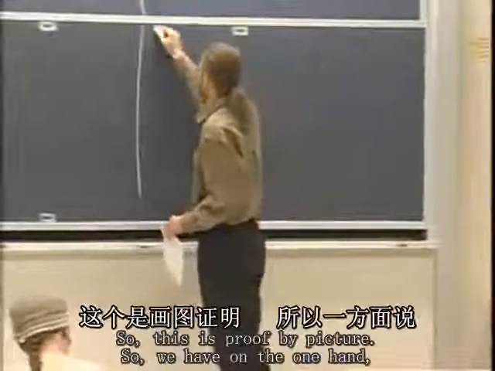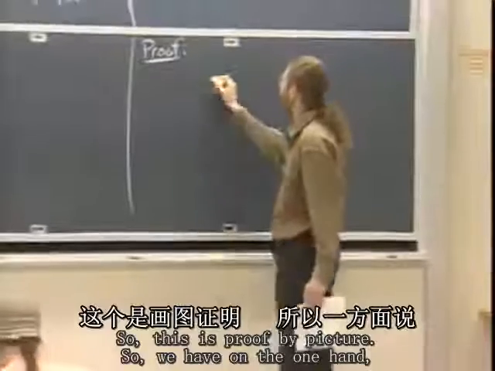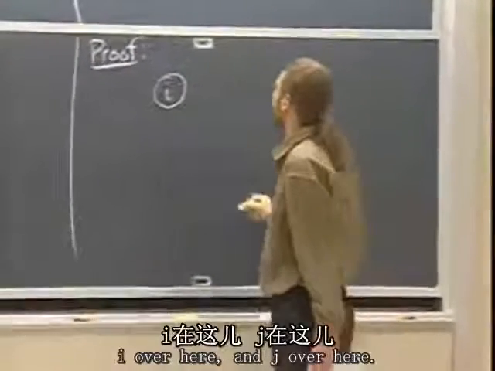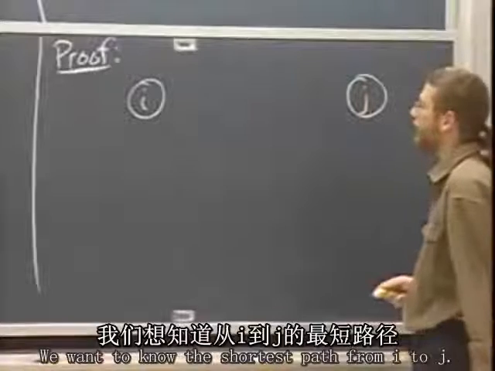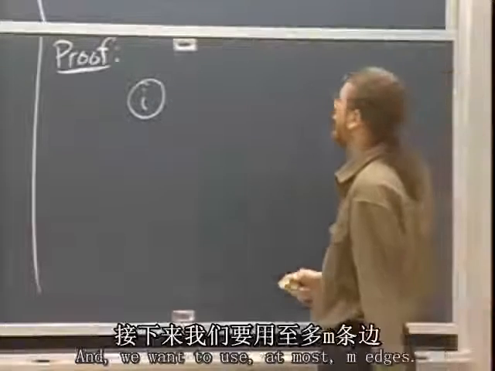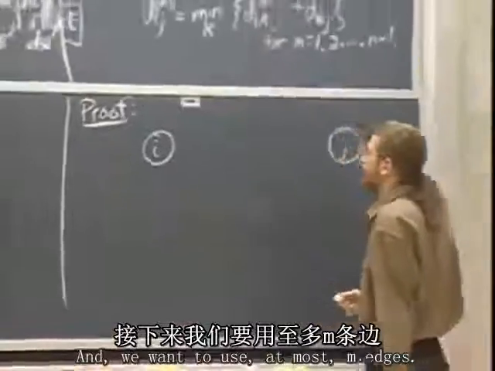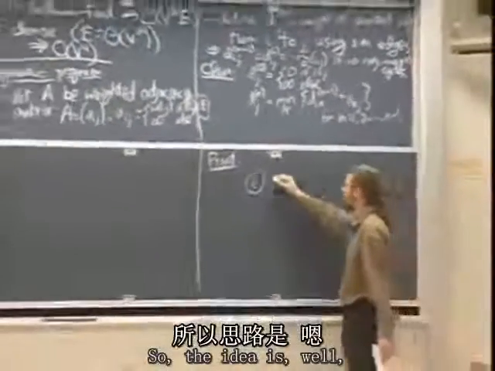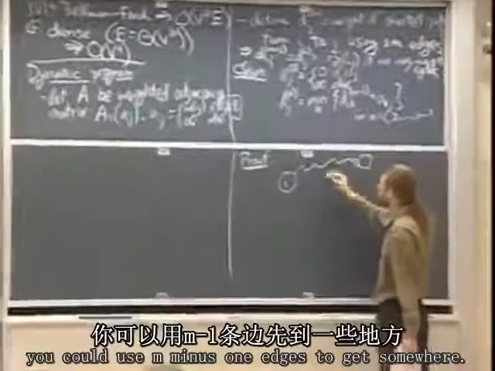So this is proof by picture. So we have, on the one hand, i over here, and j over here. We want to know the shortest path from i to j. And we want to use at most m edges. So the idea is, well, you could use m minus 1 edges to get somewhere.